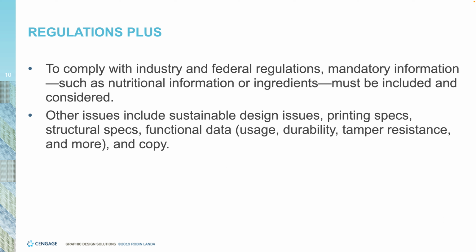And then they go, yeah, but how do we fit all of the information we are required to have on that small package? Then what ends up happening is if you have a smaller design, you have to make a larger package to hold the smaller package so that you can fit the information.